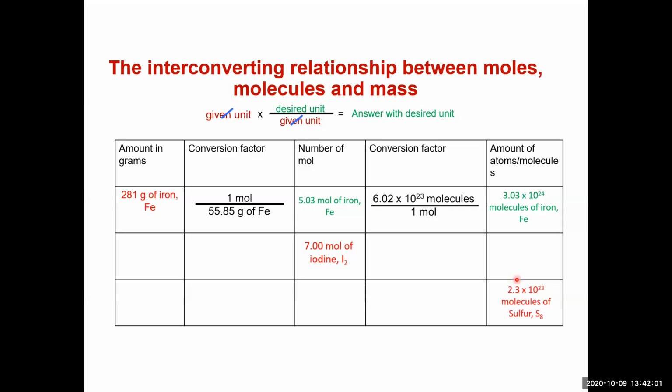It's 1 mole over 126.904 grams of iodine. Okay, where did you get that? From the periodic table, it says the mass.